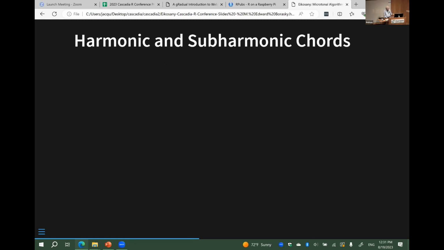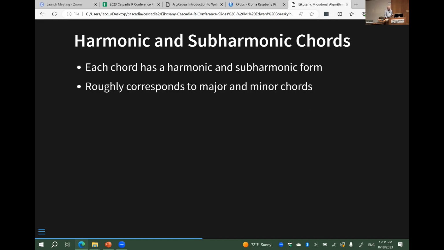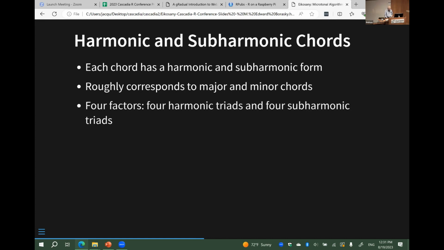But there's 2 kinds of chords. There's harmonic chords and subharmonic chords. Each chord has a harmonic and a subharmonic form. Roughly corresponds to major and minor chords. They sound that way, at least for some of the microtonal scales.